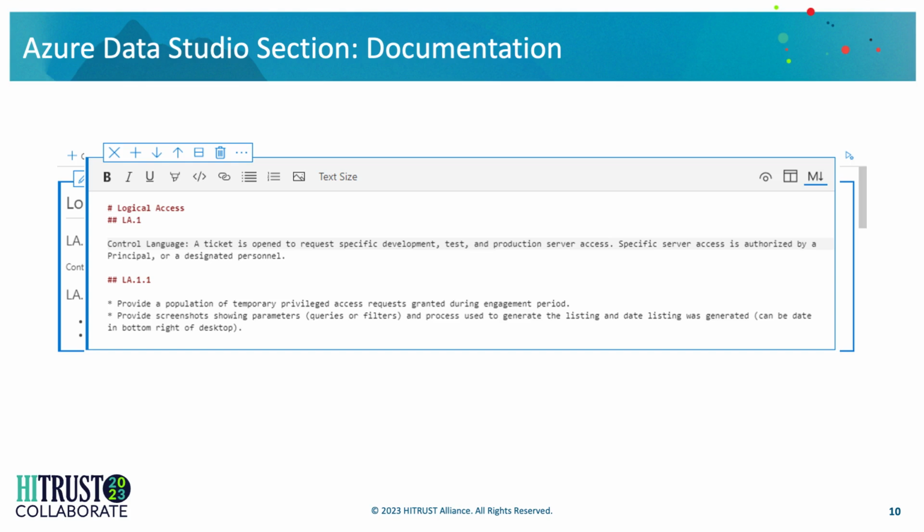Pound logical access, heading 1. Pound, LA1, heading number 2. So this is how you just type it in, but when you run it, it just looks a little bit prettier. And as a punchline for later, Markdown converts into any other format easily.